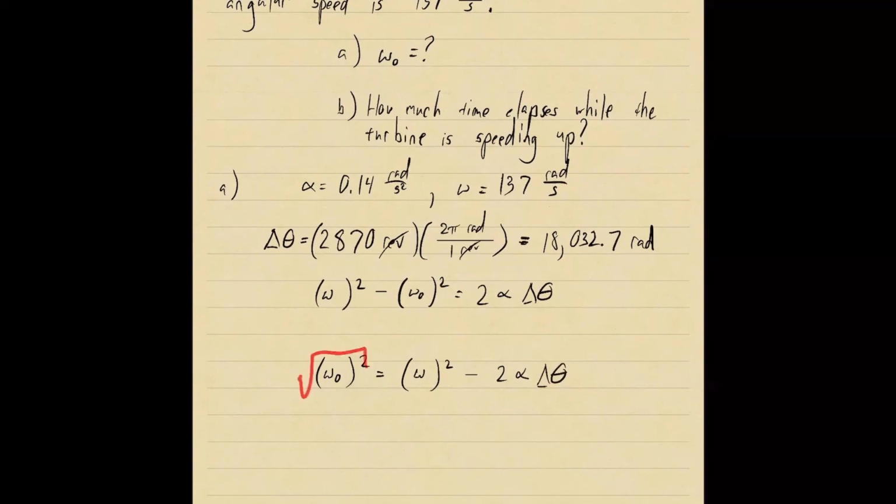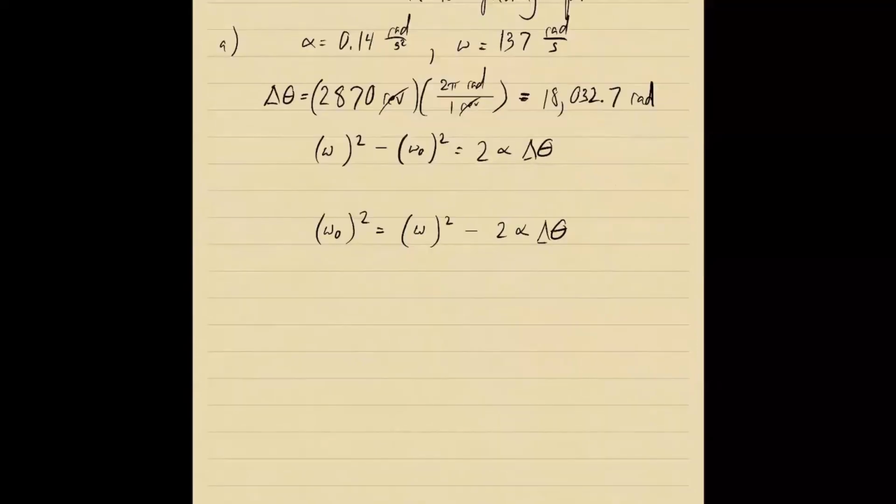And then if we take the square root of both sides, right, we get that the magnitude for our angular velocity is just equal to the square root of our final angular velocity squared.